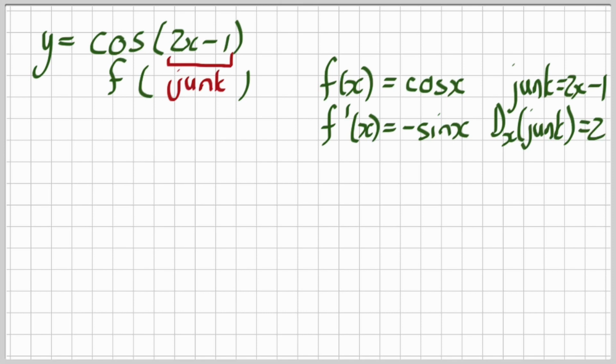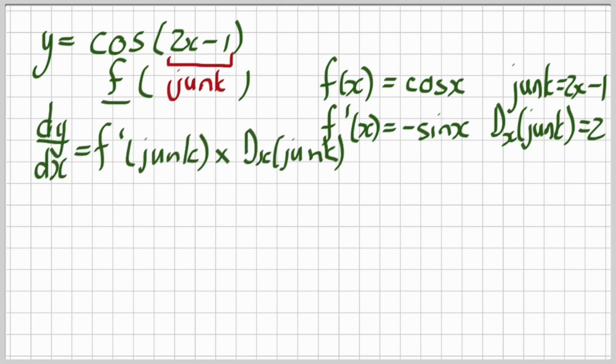Writing out my rule, I've got dy over dx being f prime of junk times d/dx of junk. So the derivative of f is negative sin. I'm just leaving brackets there because I'm going to put the junk in there. I'm not going to put the x in there. Remember, you need to put the junk.